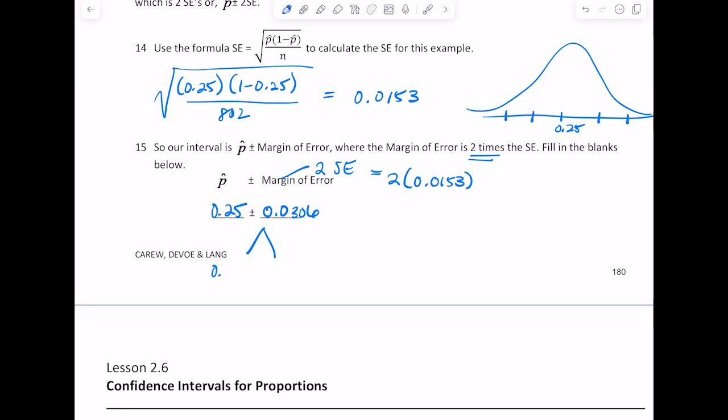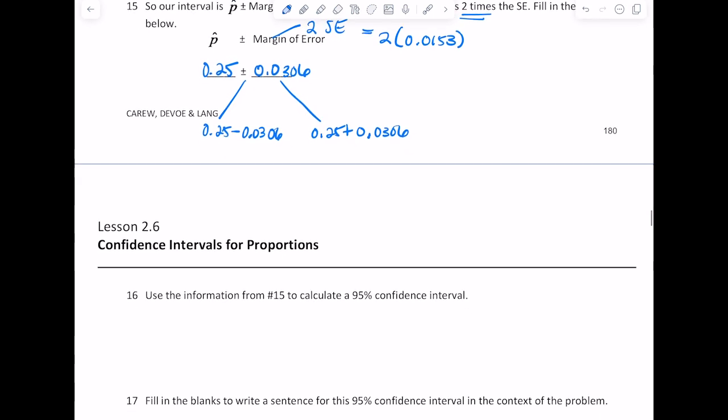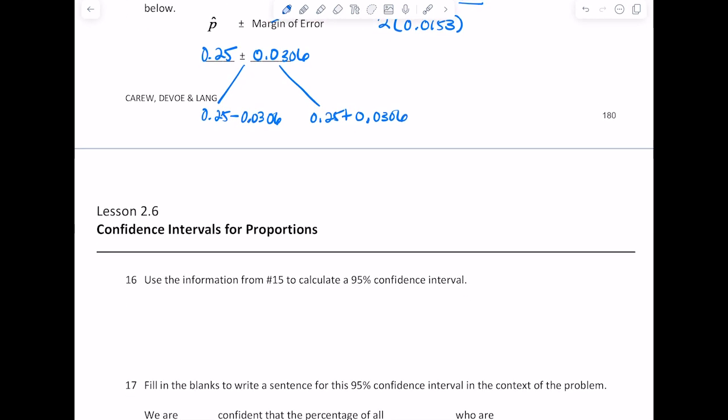One of them is 0.25 minus 0.0306, and then my other one is going to be 0.25 plus 0.0306. And when you do that, you get the interval 0.2194 and 0.2806.